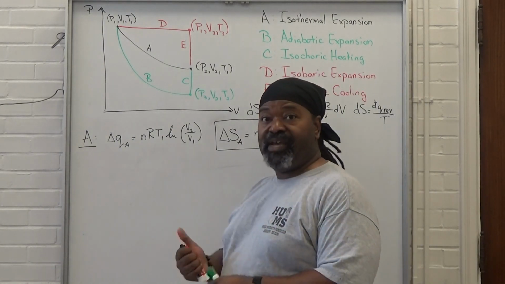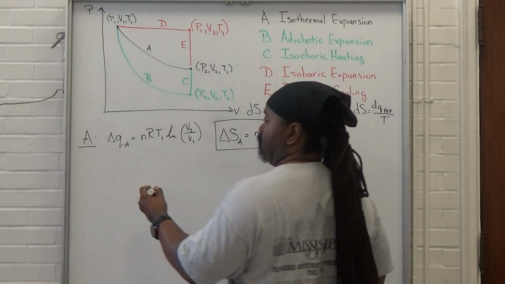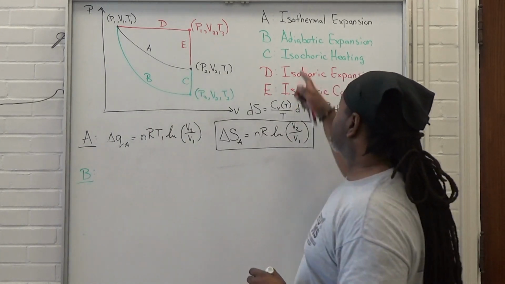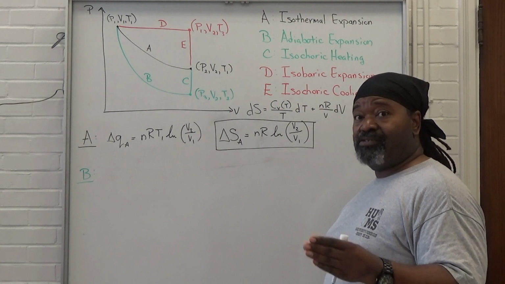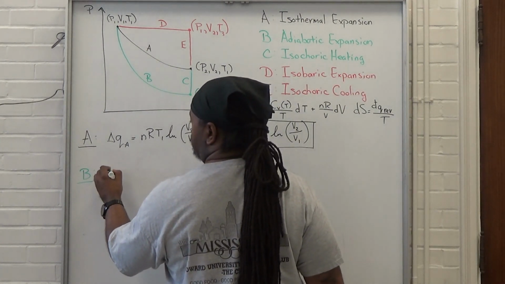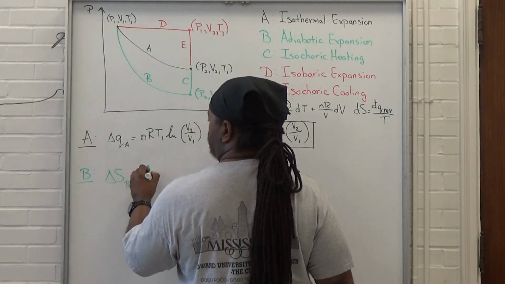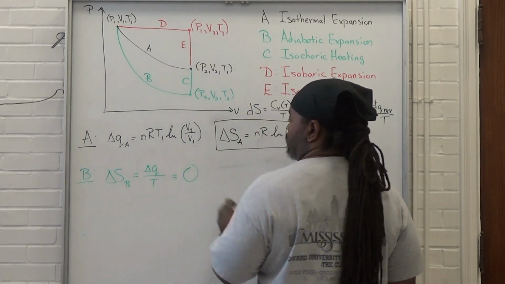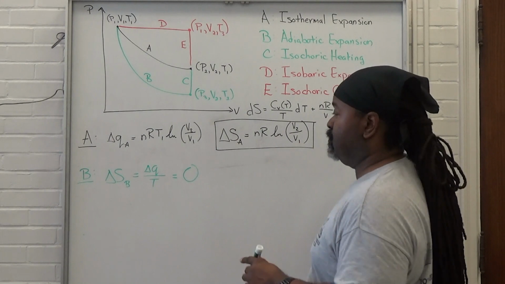Now the green path is separated into two parts. Path B is an adiabatic expansion, meaning that delta Q is 0. If delta Q is 0, then delta S for part B is delta Q over T, and whatever the temperature is, the entire thing is going to be 0. So no contribution on that part.